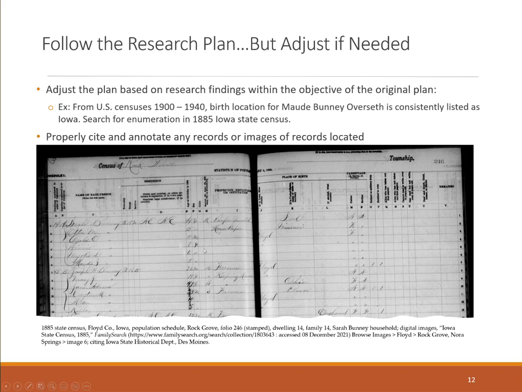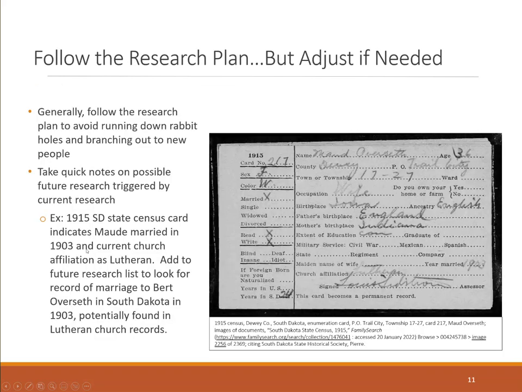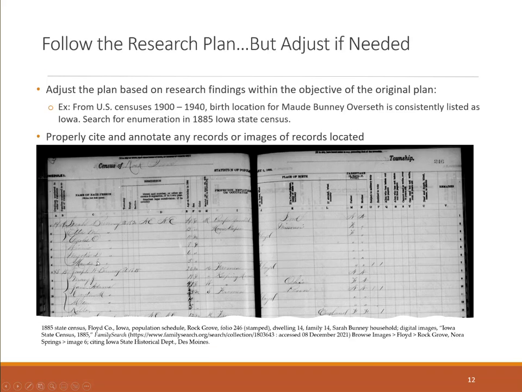So I jumped to and found that in 1885, Sarah Bunny, along with, right here, Maudie, was enumerated with Sarah Bunny in Iowa. So here I had the information. I made a slight adjustment to the plan, but my objective was to get all these censuses.